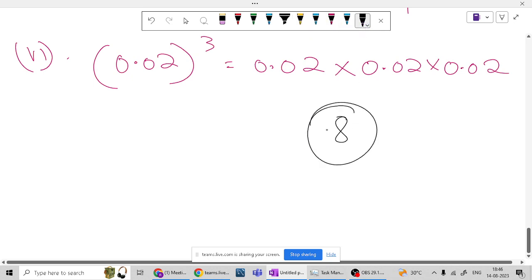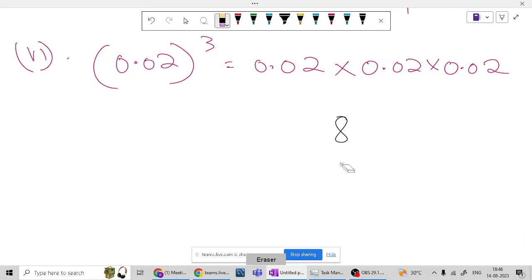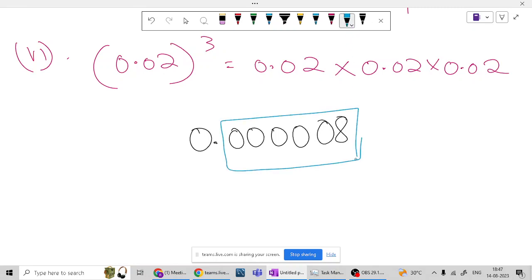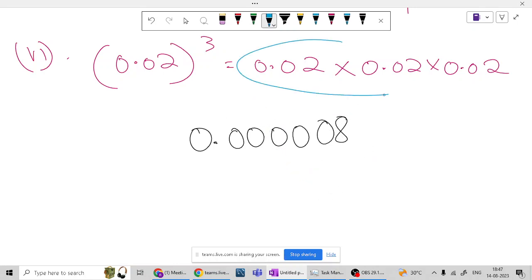No, first tell me this. How many numbers do we have? 1. So how many zeros do you have to add? 5 zeros. So 0.000008. 5 zeros and the 8. Correct. Total there are 6 places. This is how we are supposed to write. This is our first step, and this is it.